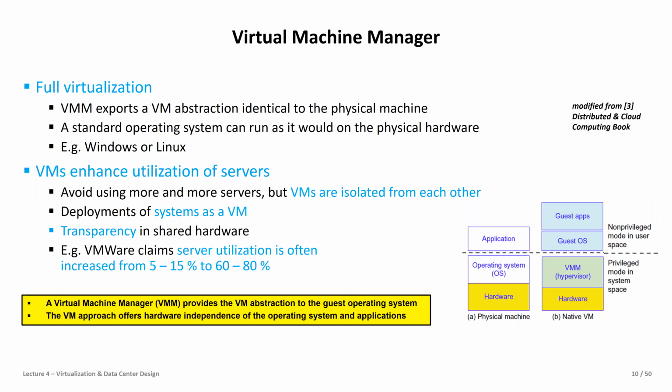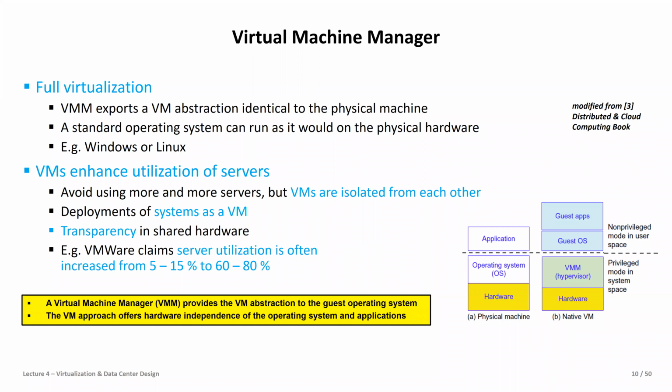And with this, it's already interesting if you run different virtual machines on this, you really can enhance the utilization of servers by it. Of course, the VMs need to be isolated, which means secure from the data of perhaps another user or from another application. So this is, of course, something which is important. But the interesting thing is you want to really think about it as a system in its own. So in a way, you would say the applications and the operating system that we have as guests could be a fully virtualized solution running everywhere where there's such a hypervisor.